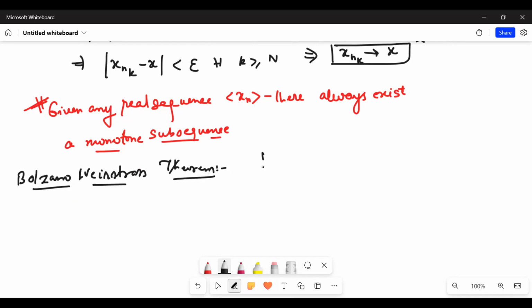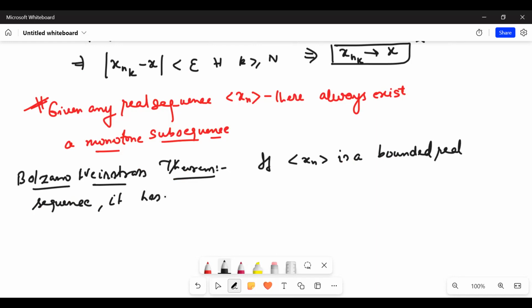Let us write that: if xn is a bounded real sequence, it has a convergent subsequence. Why?